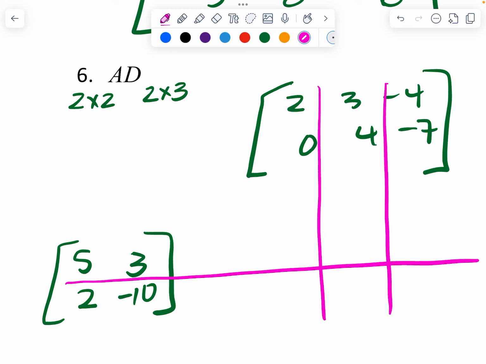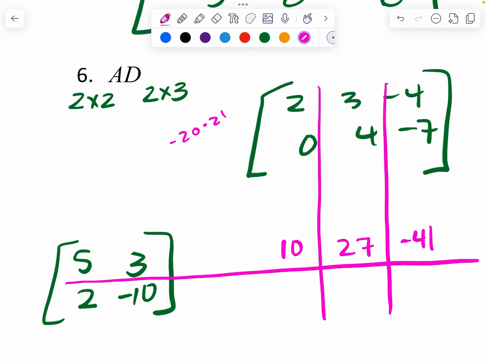So that's going to get 10 plus 0. That's going to get 15 plus 12, so it's 27. That's going to get negative, oh, I can't do this one in my head. Negative, oh, I probably could have. Negative 20 minus 21, so negative 41.